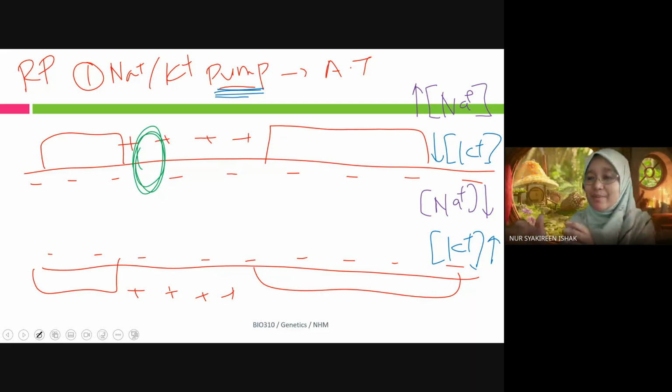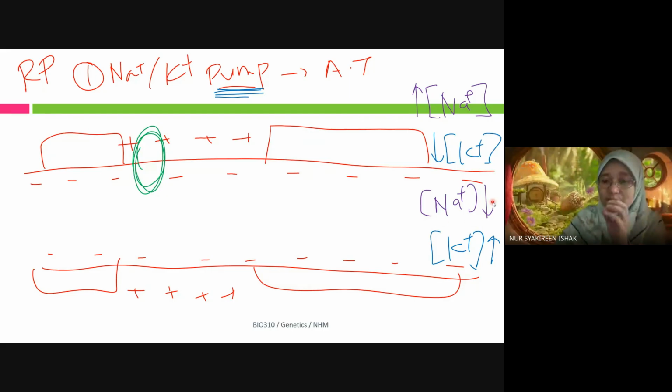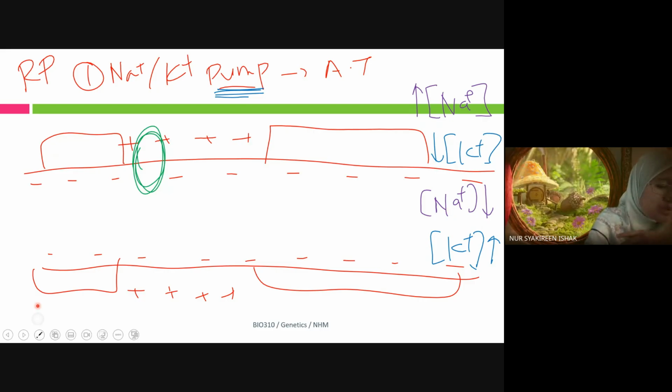Sodium moves from inside the axon, in the cytoplasm where sodium ion is low, to outside where sodium ion is high. It is active transport, so the sodium ion moves from low to high concentration. So sodium ions are pumped out from the cytoplasm to the extracellular fluid side.